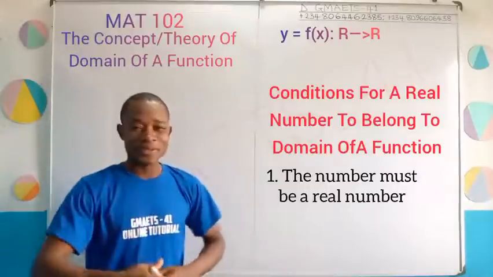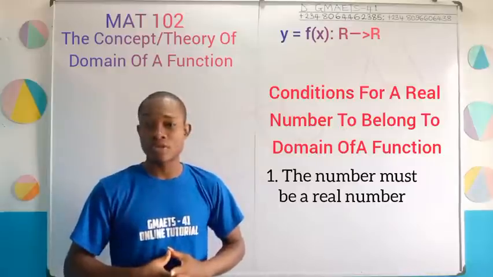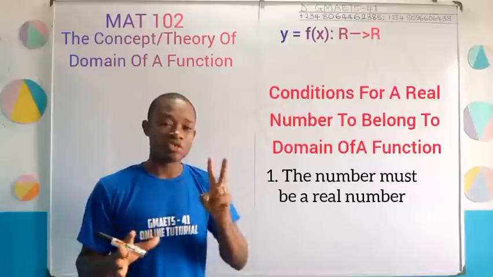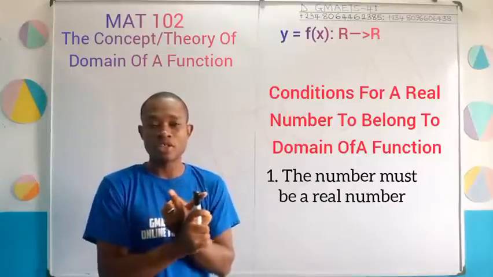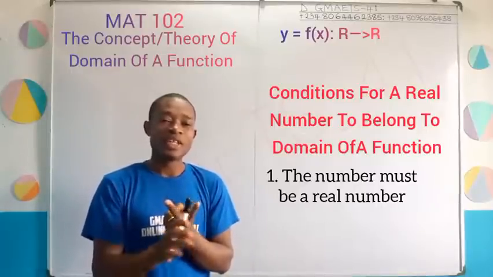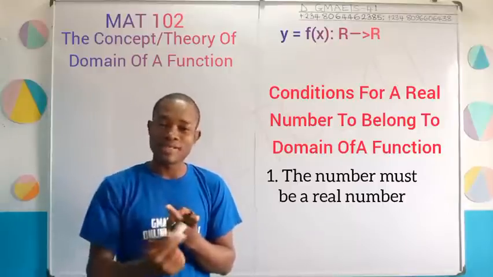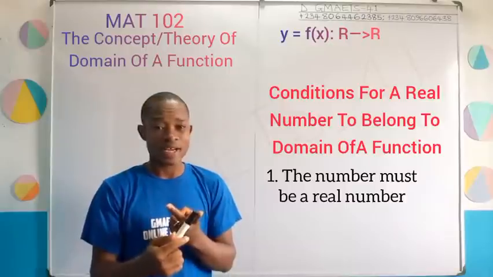As you go through our playlist, you'll find a video lesson on types of numbers. And you'll come to see that generally our numbers are divided into two: real numbers and complex numbers, also called imaginary numbers. It is important for you to know that the domain of a function is not an imaginary number, it's not a complex number. Rather, it is what?